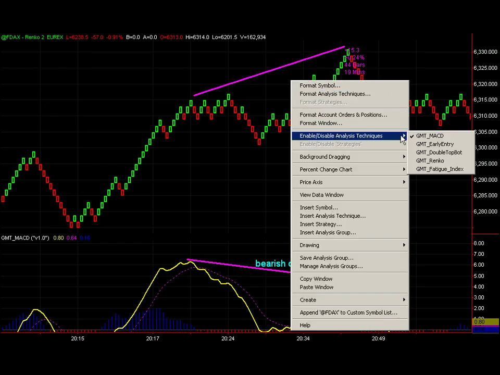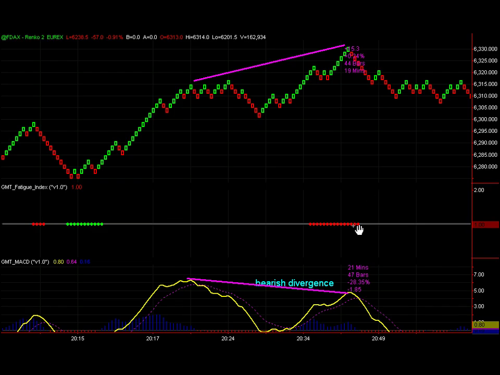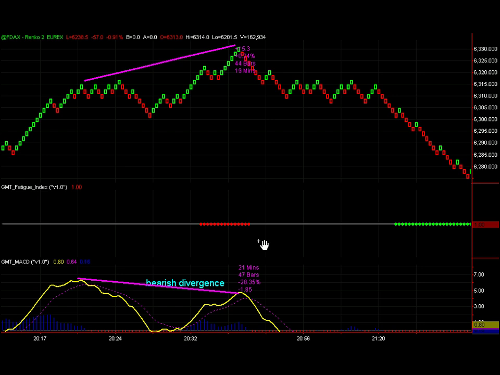We'll load those up to give us a little bit more of a picture. Here's our fatigue index, and what the fatigue index measures is the market moving to extremes, moving outside its range and becoming either overbought or oversold. In this instance we now have the market in an overbought position.